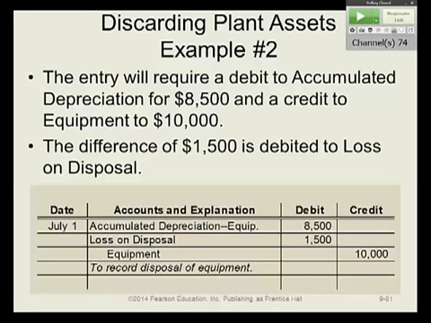So now, when you calculate the gain or loss on this transaction, you have to look at the selling price, which is cash or other assets received, against the net book value.